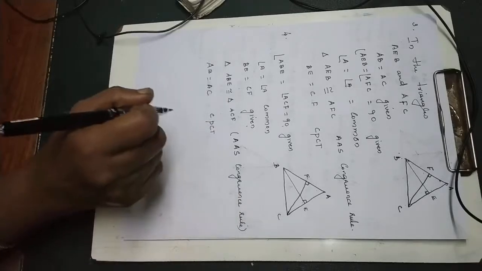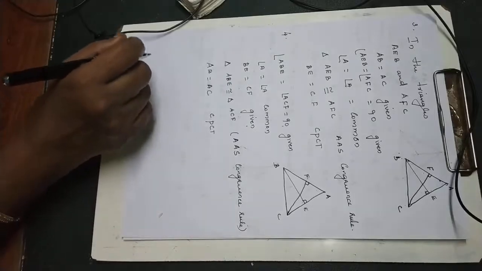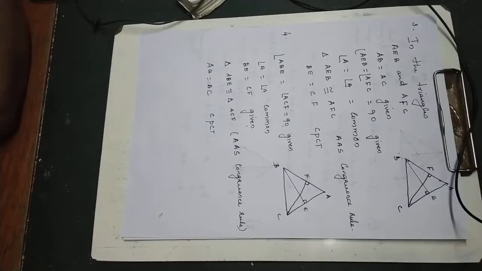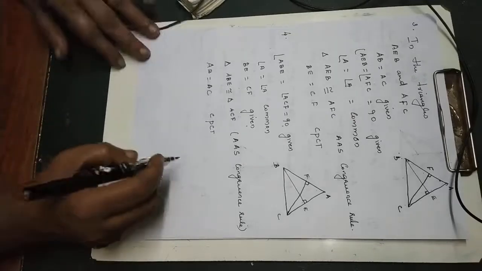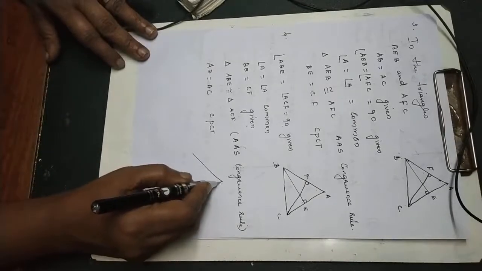Okay, now the fifth one. Triangles ABC and DBC are two isosceles triangles on the same base BC. You have to show that angle ABD is equal to angle ACD. Now, which are the triangles? The figure is given there.